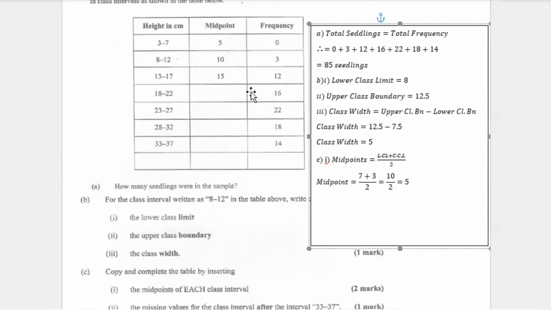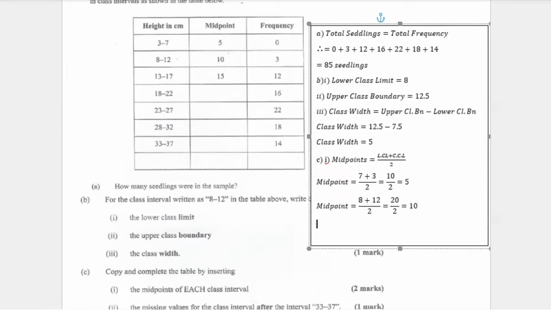For the second class interval, the midpoint would have been 8 plus 12 divided by 2. 8 plus 12 is 20, divided by 2, and that is equal to 10.